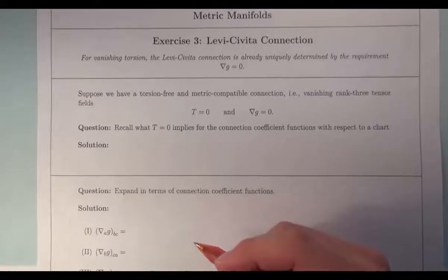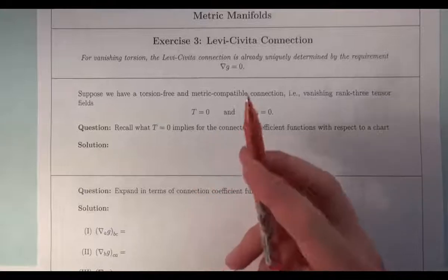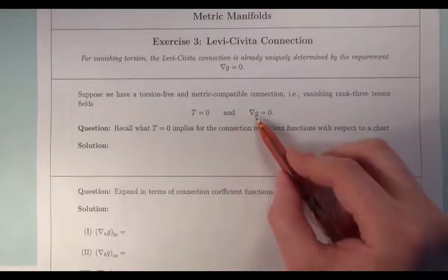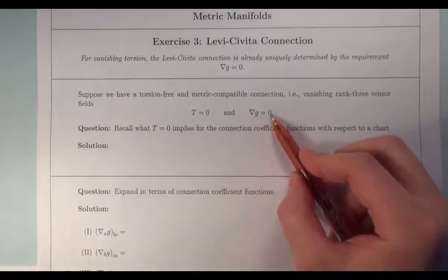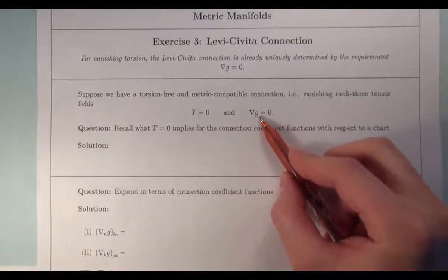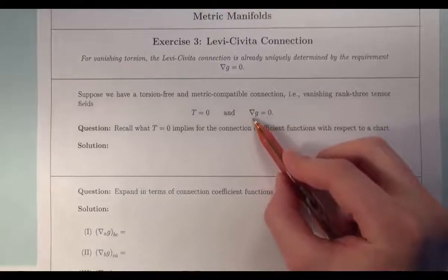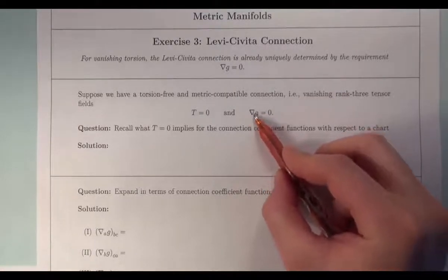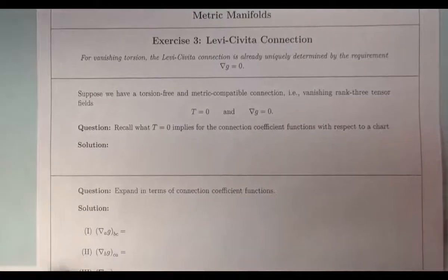That means vanishing rank 3 tensor fields. T is the torsion, which we set to 0, and nabla of g is equal to 0, where g is a (0,2) tensor field, so it eats 2 vectors, but the covariant derivative has an open slot where you have to feed in a vector. In this sense, this object is a (0,3) tensor field.